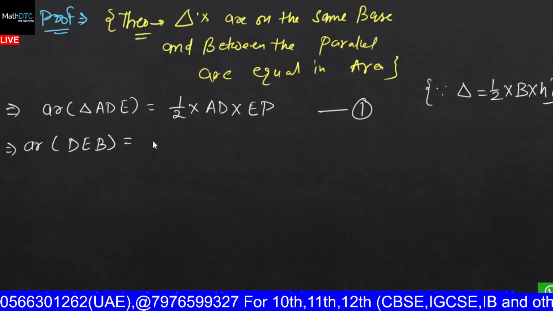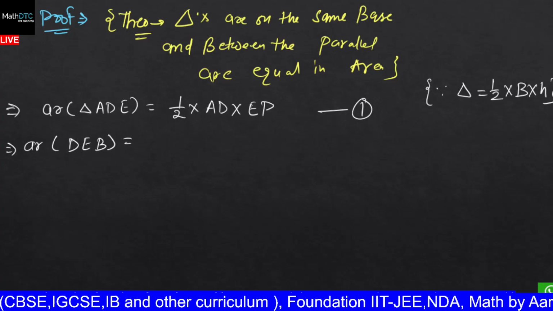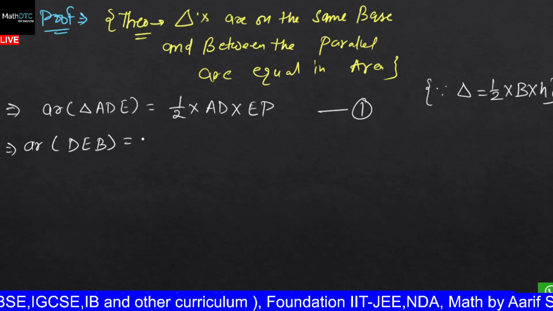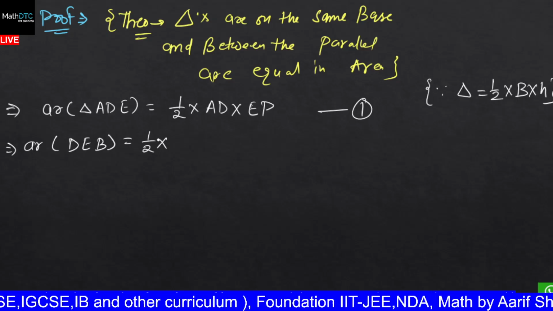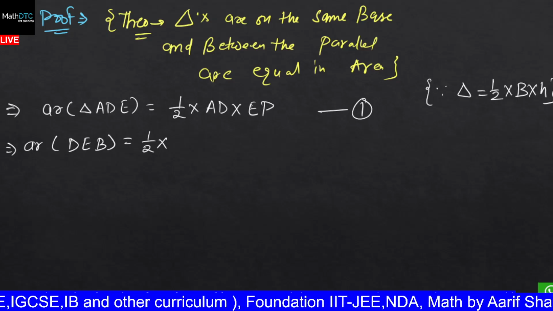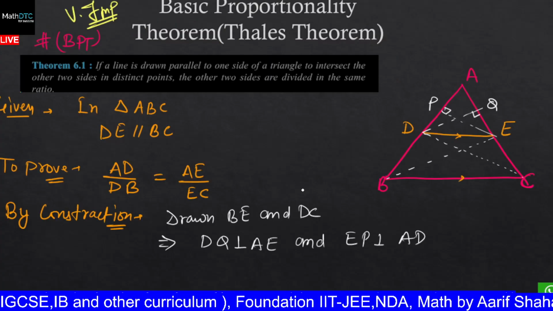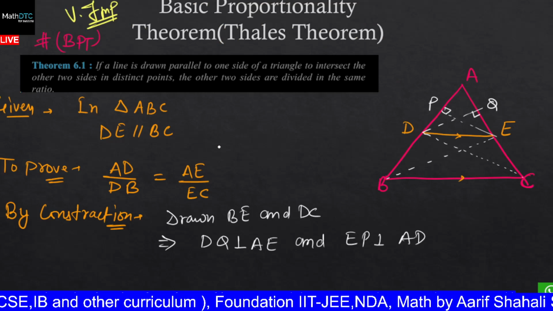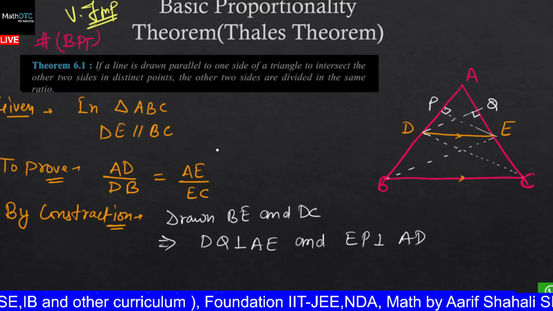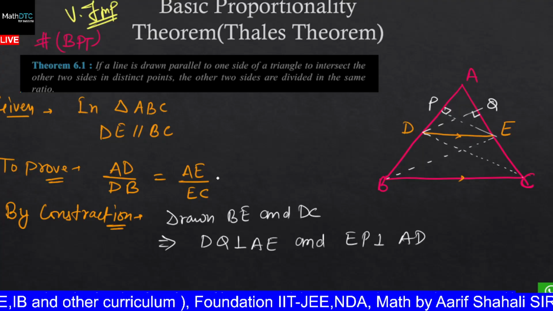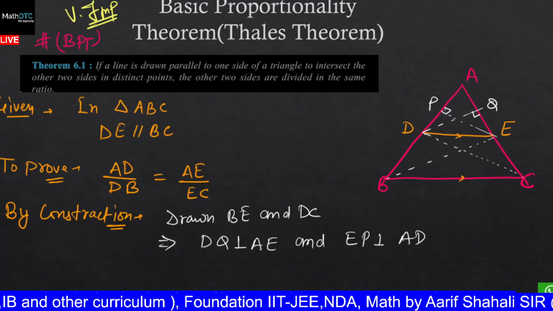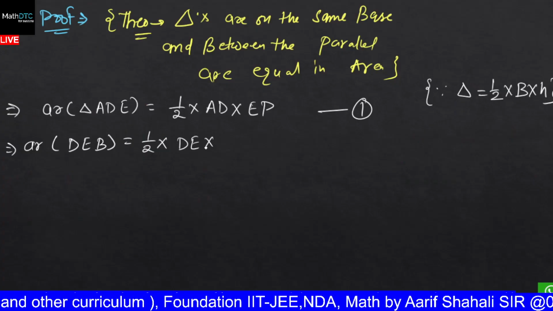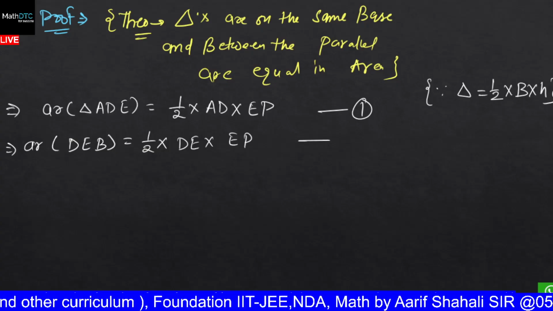We can use the same thing again: 1 by 2 base into height. What is the base? Base is DE. What is the height? Tell me about the height of the triangle. Base is DE and height is EP, the same height.